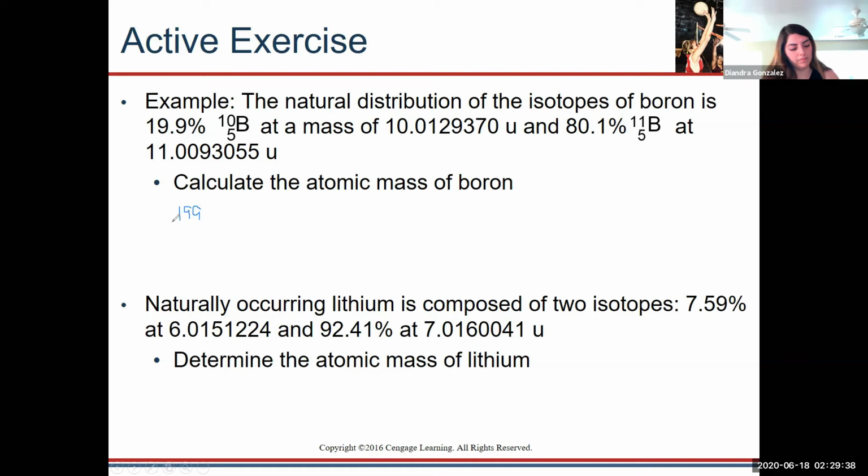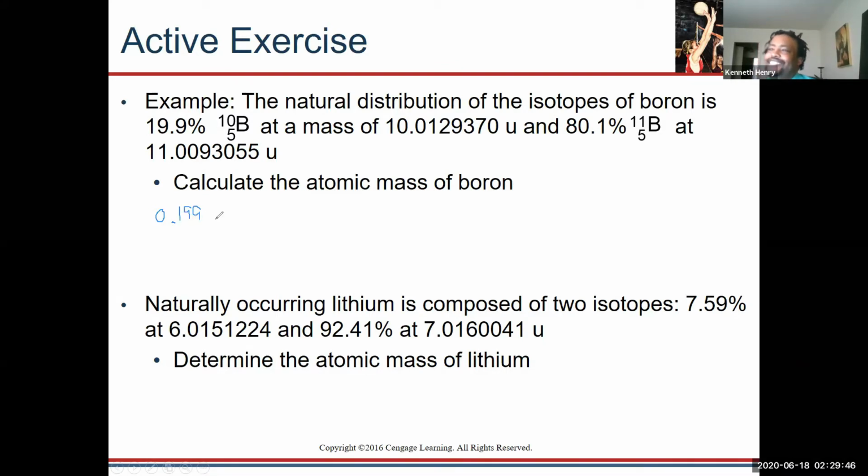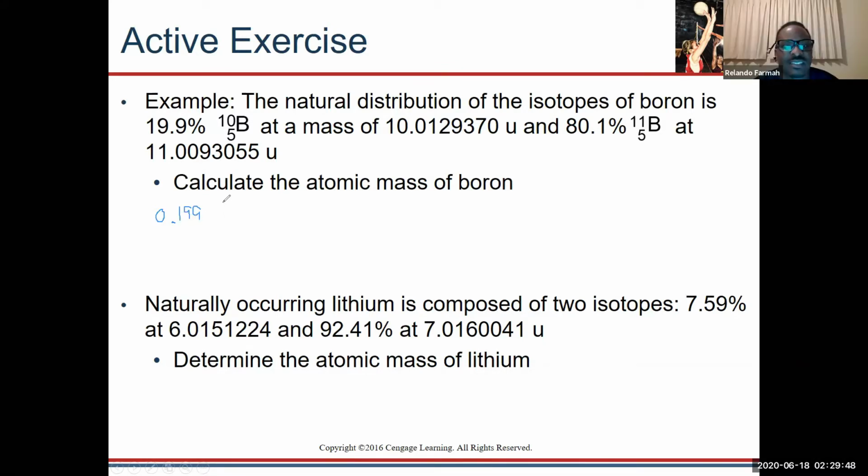So we get 0.199. Okay, so then what do we do with it? We're going to multiply that decimal by the U, the mass, 10.0129370.